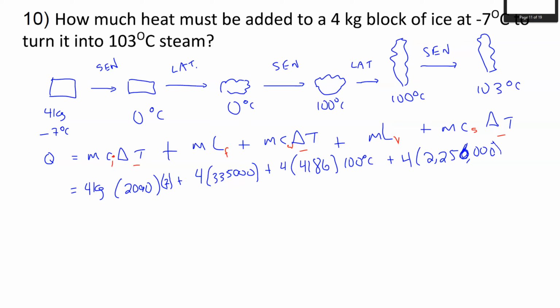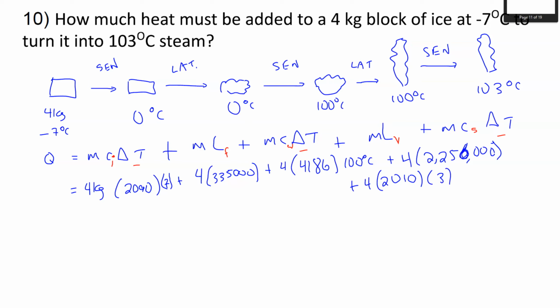And then I got to do this last step, which takes it up 3 degrees. Got 4 kilograms of steam at 100. I got to take it up 3 degrees. I want to say that's 2090, or I'm sorry, 2010 there. That might be off too. Okay.